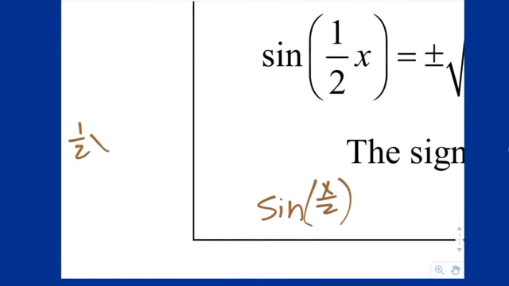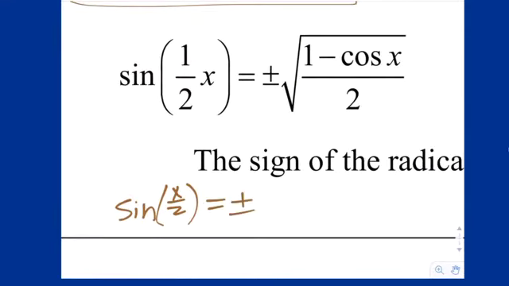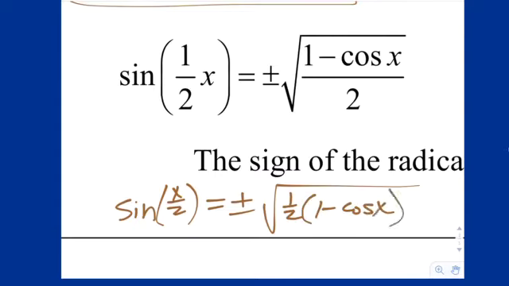If you want to prove that over here, 1/2 x equals x over 2. Right? If you don't know how to do that, tutorials. That's equal to plus or minus the square root of. Instead of dividing by 2, which is fine, you can multiply by 1/2, and you get 1 minus cosine of x. And the same thing with the cosine one. So this then, under the radical, looks a lot like what we just did on the power reducing identities.